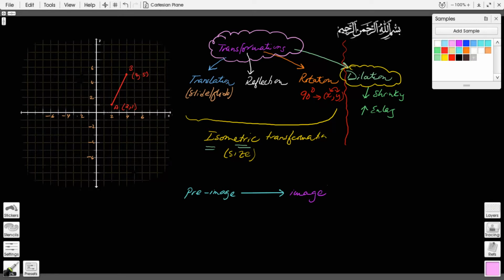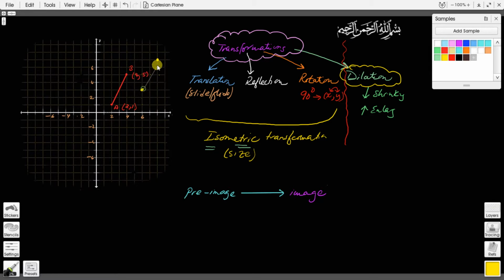Now, with translation, you can write rules for the translation that you're doing. For example, if I were to simply move this segment, let's say I'm going to move it 4 units this way, 1, 2, 3, 4, and then I'm going to move it 2 units up, 1, 2, like this, okay?